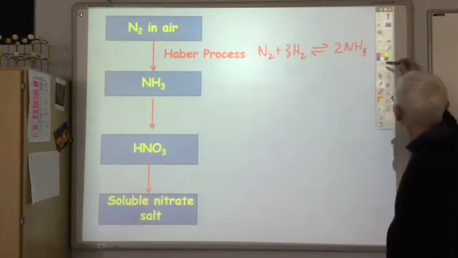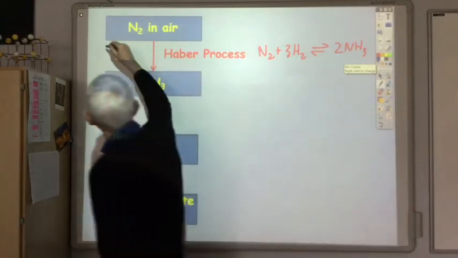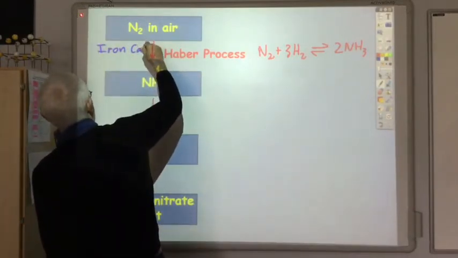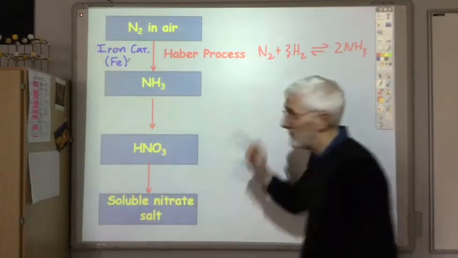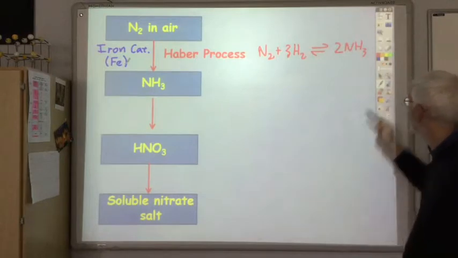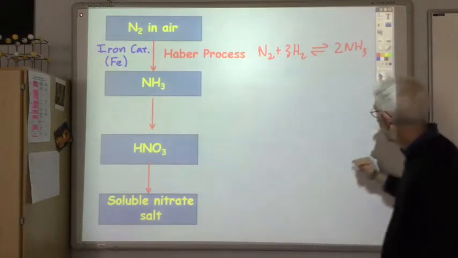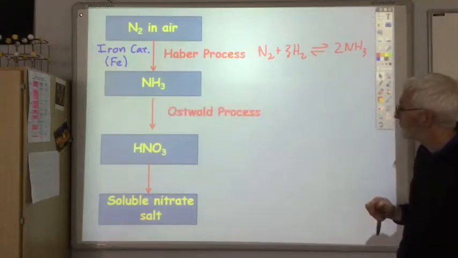In order to get this reaction to take place, we need to use a catalyst, and we use an iron catalyst for this process. It's important you remember the name of the catalyst used. The ammonia then gets turned into nitric acid, and the name of this process is the Ostwald process.